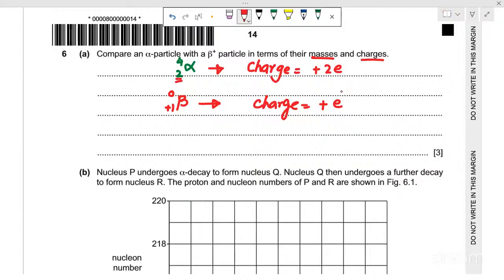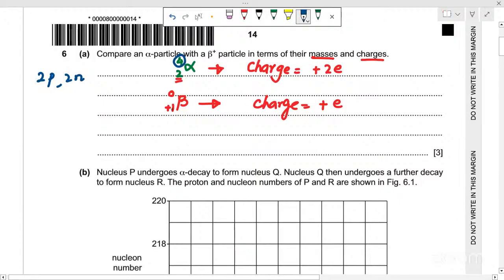What about their masses? You know, in alpha there are 4 nucleons: 2 protons and 2 neutrons. And the mass of beta positive is equal to the mass of an electron. And you know that the mass of a proton is much greater than the mass of an electron.